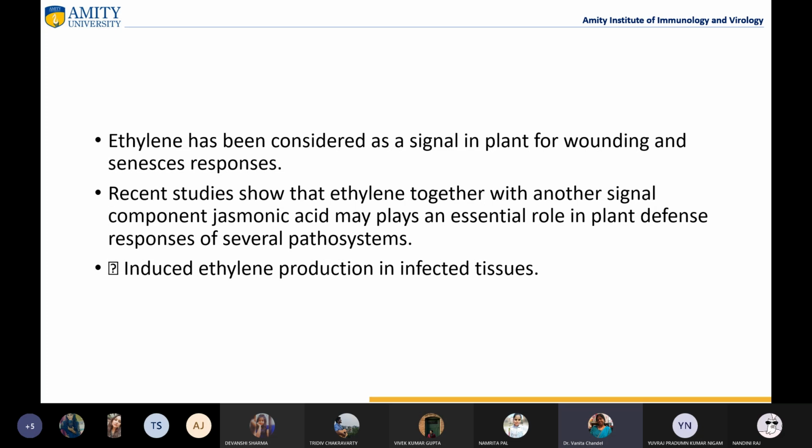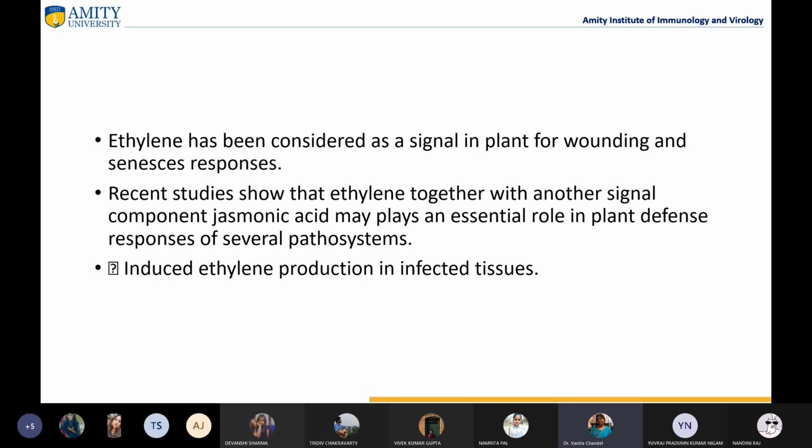What are the defense mechanisms by which plants counter the pathogen's ways of getting entry? In response, plants will use whatever they have in order to stop the pathogen entry, right?